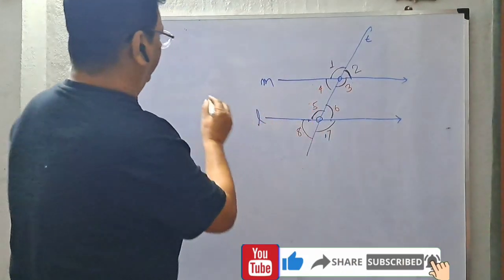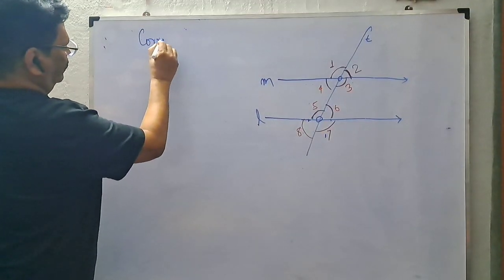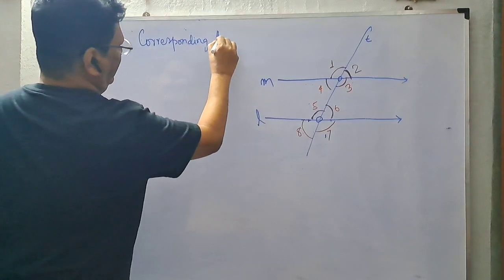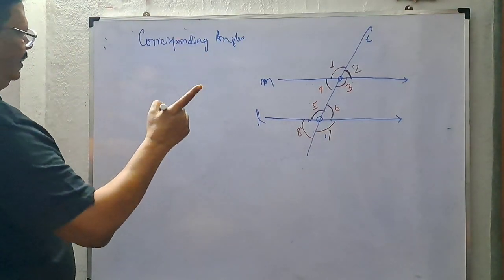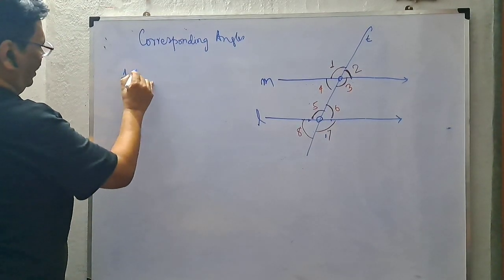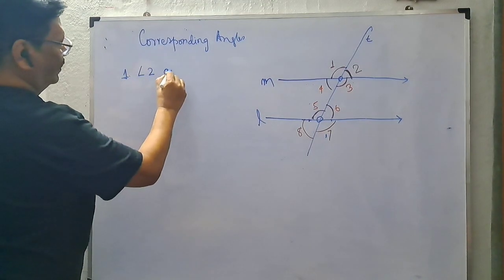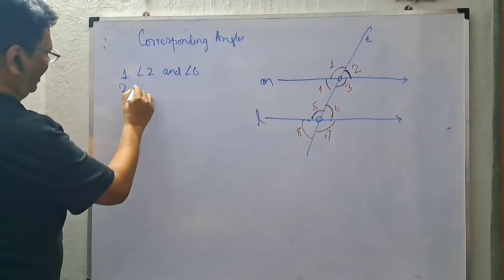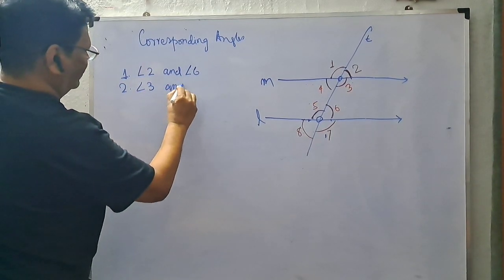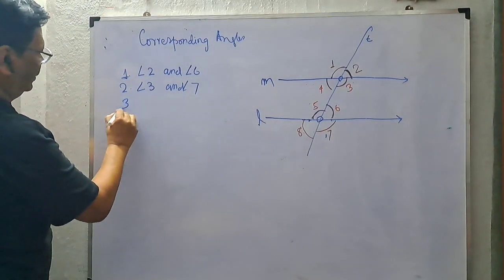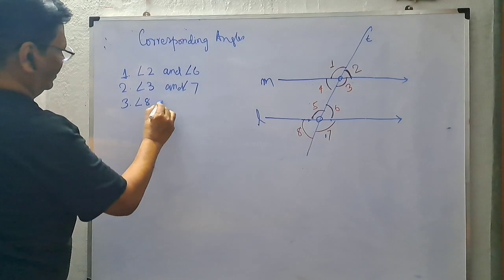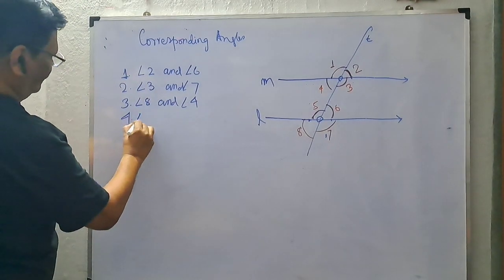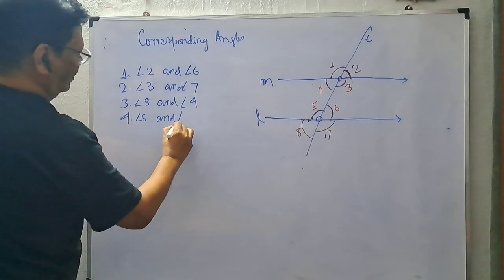Correct? Now the corresponding angles we are referring to here: number 1, angle 2 and angle 6, number 2, angle 3 and angle 7, number 3, angle 8 and angle 4, and the last pair is angle 5 and angle 1.